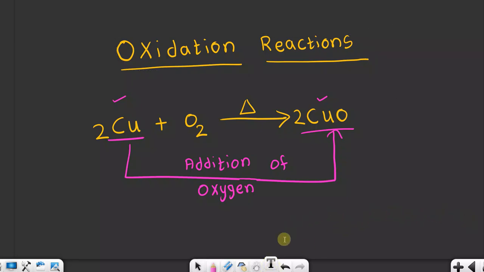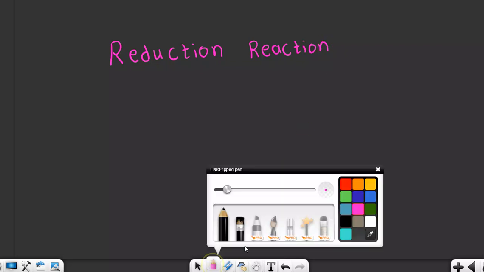Now let us see reduction reaction. It is exactly opposite of oxidation reaction. Can anyone guess what will happen in such reactions?